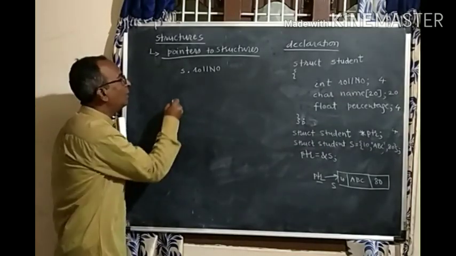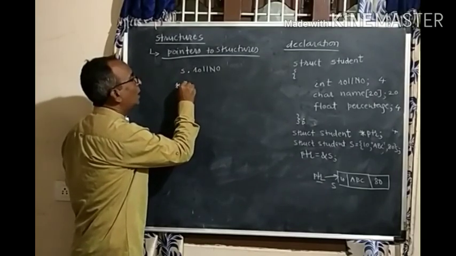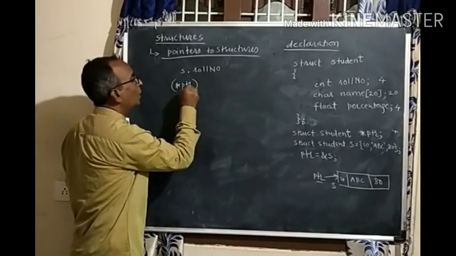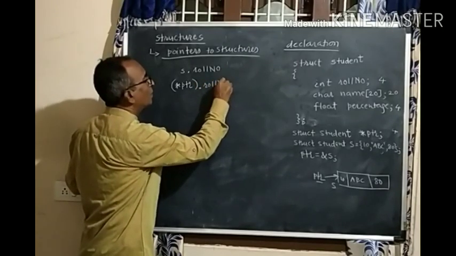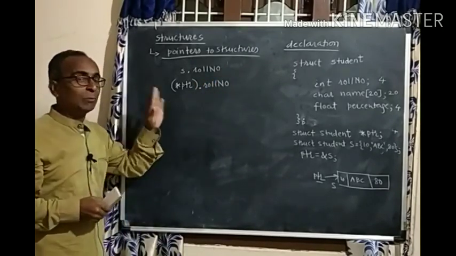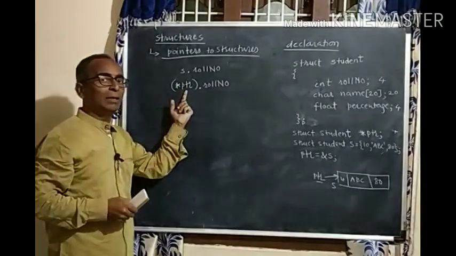So the way for that is I can use (*ptr).roll number. See, I am accessing indirectly. I am not using S now. I am using the pointer variable.